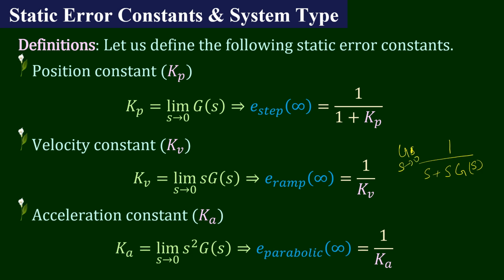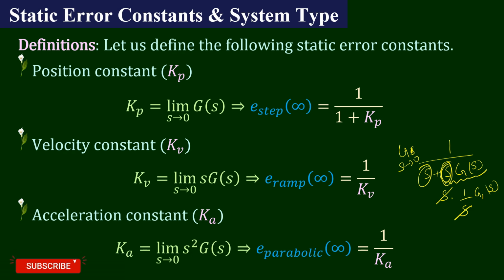Whenever we say limit s tends to 0, definitely this one will become 0 and the remaining part will be s g of s. And why are we not cancelling g of s here? Because there is a possibility that g of s may be like s into 1 over s into g1 of s. So of course this s can be cancelled with this one. This is why we don't put 0 here with this.